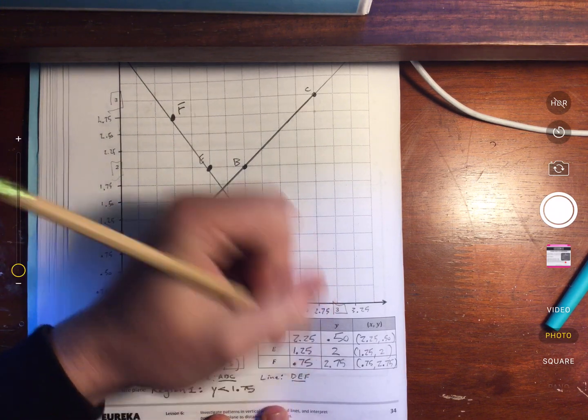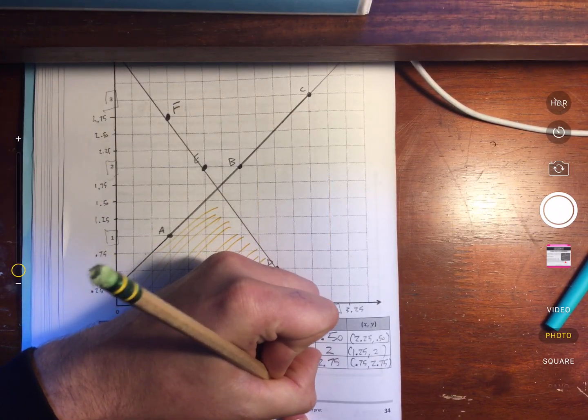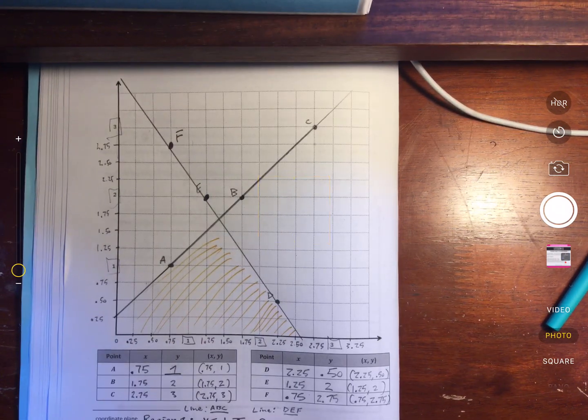Okay, so now we're going to do one for the x. So our region 2, and we can remember that regions are specific areas that are created on our coordinate planes, and oftentimes these are created by intersecting lines.